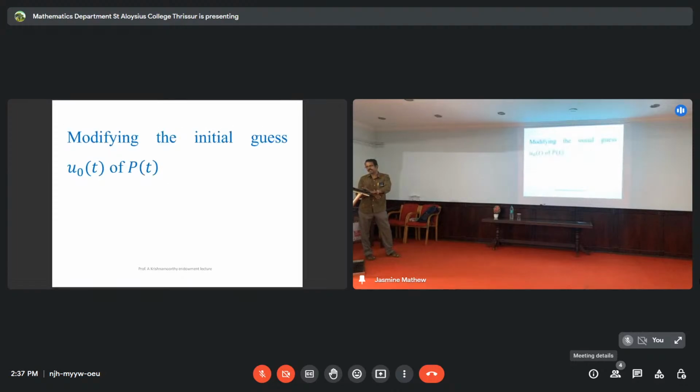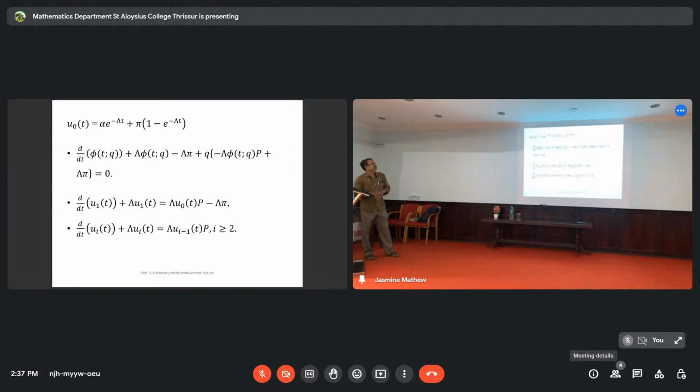So with that in mind, we will change our initial guess as alpha e raised to minus lambda t plus pi, which is the steady state probability vector, pi multiplied by 1 minus e raised to minus lambda t. So here we assume that the steady state vector exists. Only in that case, this can succeed. Now, there is a change in the differential equation.